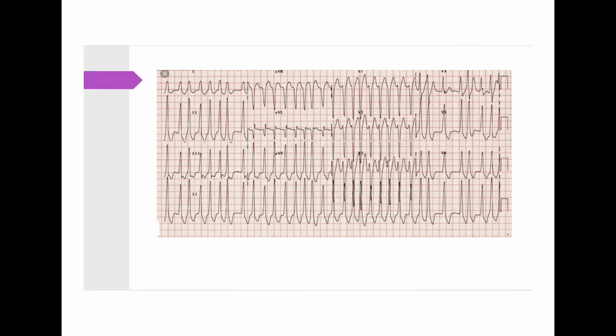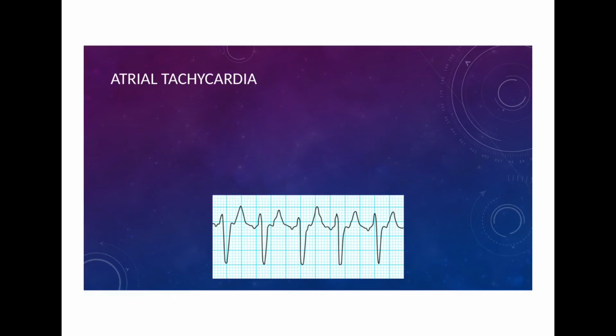So it's really important in these patients not to give them anything that would slow down their AV node any further, because then all of the impulses would go through the accessory pathway and cause the patient to go into VFib. So instead, if you ever see this, you're going to want to give the patients procainamide as your first-line choice of drug.